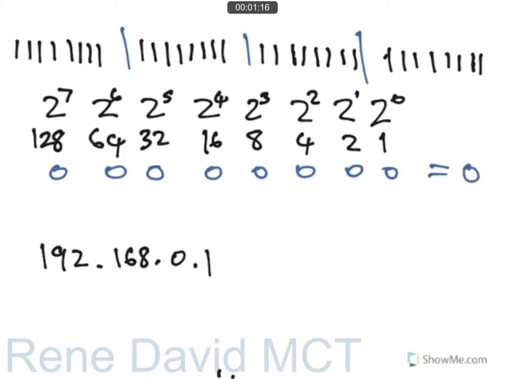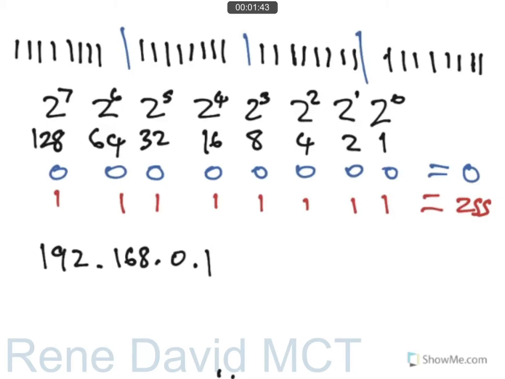And your maximum number you can create with those 8 bits is 1, 1, 1, 1, 1, 1, 1, 1, which is equal to 255. So any IP address can only have numbers between 0 and 255. If you get a number over 255, you know there's a problem with your IP address. Very straightforward. That's what an IP address looks like.